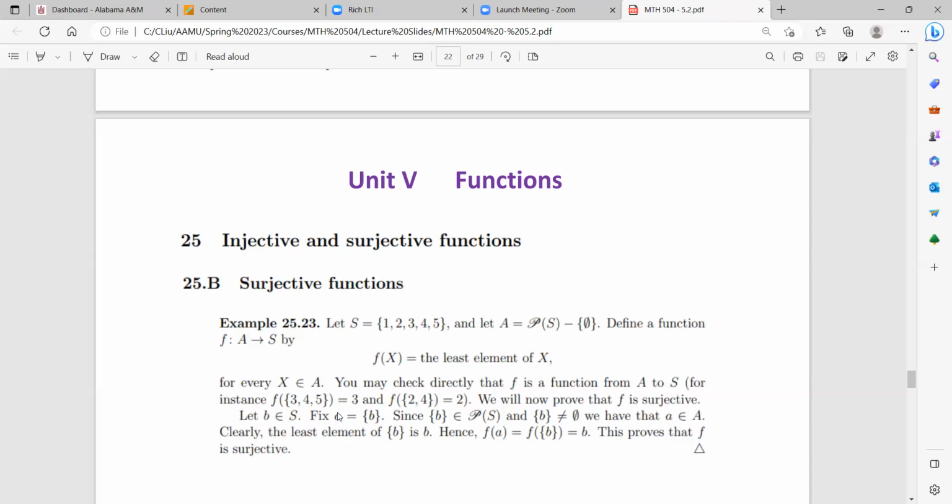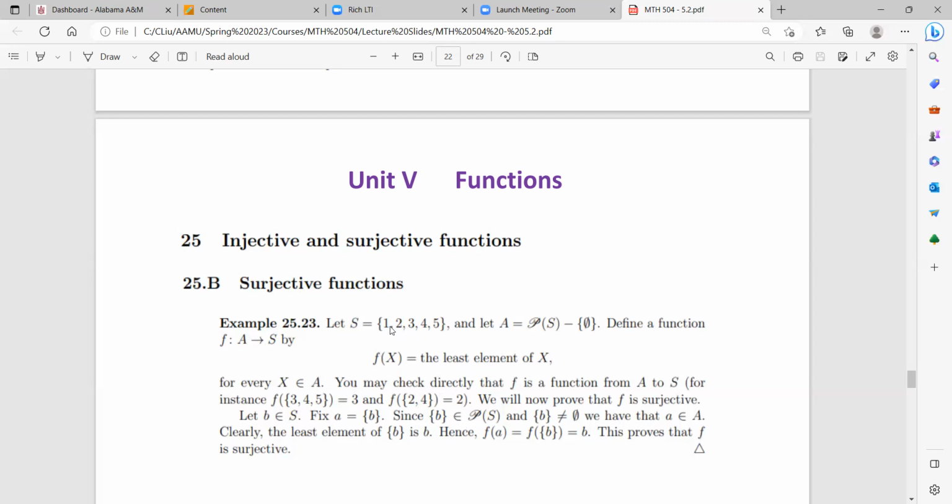That set A is an element of capital A, because it is a subset of S, right?